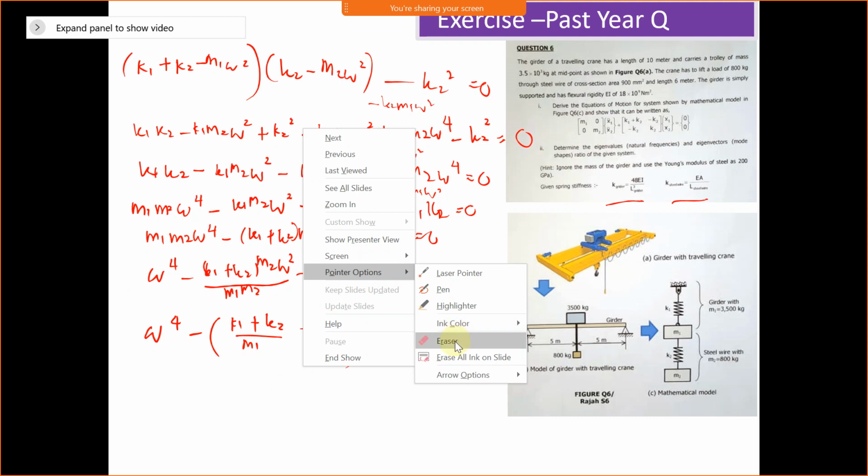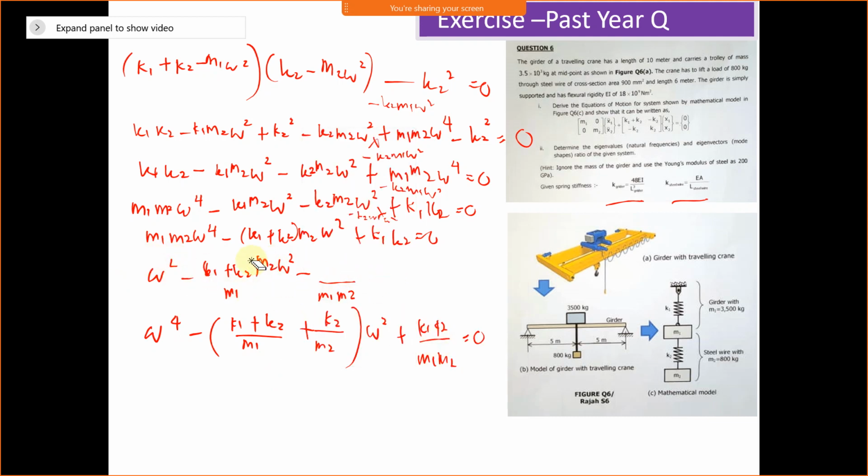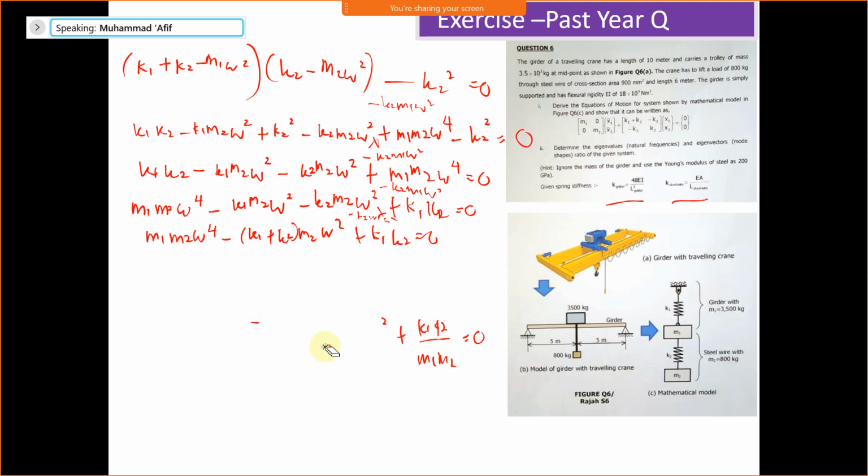Kejap, saya pening dah ni. Apa dia? Yang K1 plus K2 itu tambah dengan K2 M1. Kejap, kita tengok balik ni. Okey, ini dah betul. M1 M2 omega terus 4 minus. So dia akan jadi M1 M2 omega to the power 4 and then minus kan. Ataupun sebab plus dulu lah.